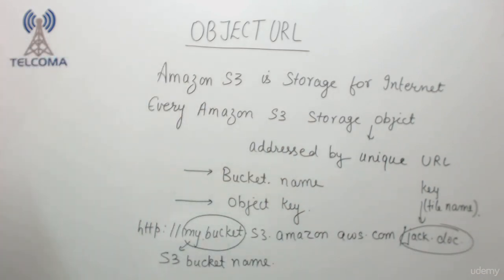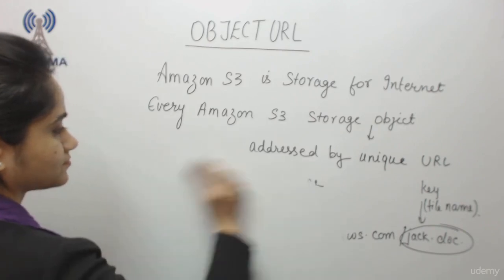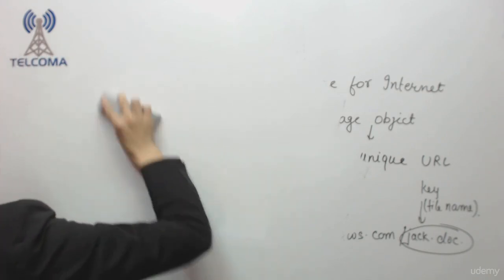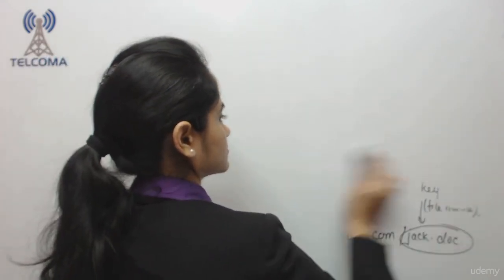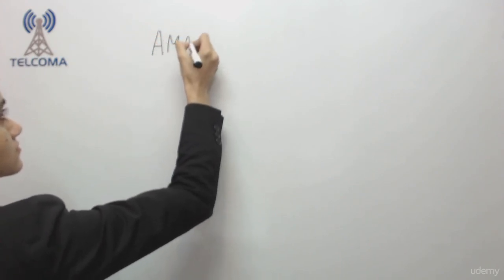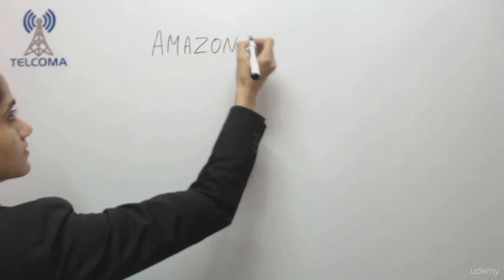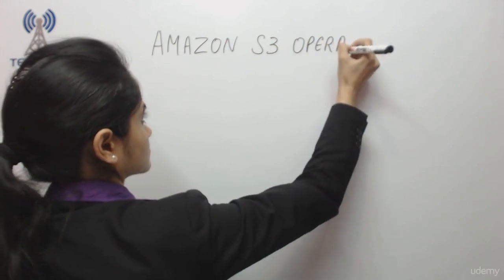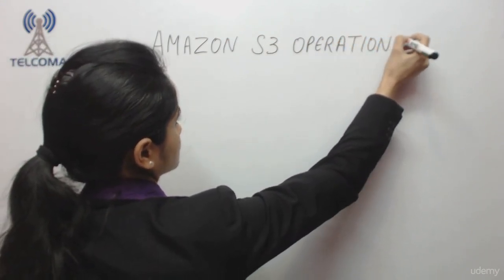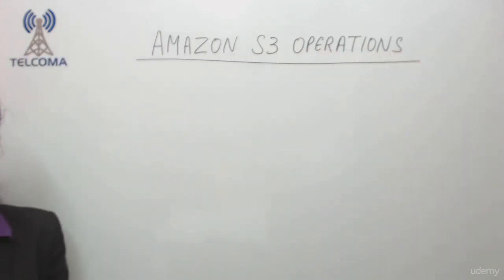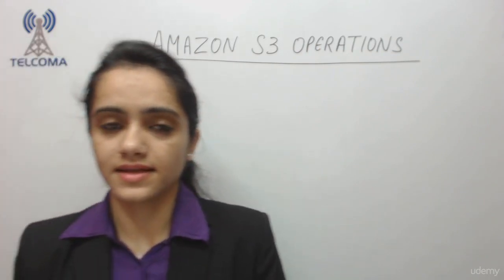Now let's discuss Amazon S3 operations. Now the S3 API is intentionally simple.